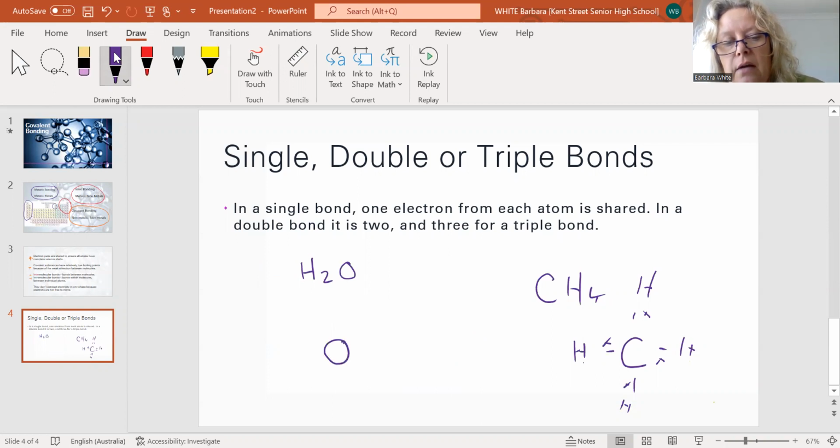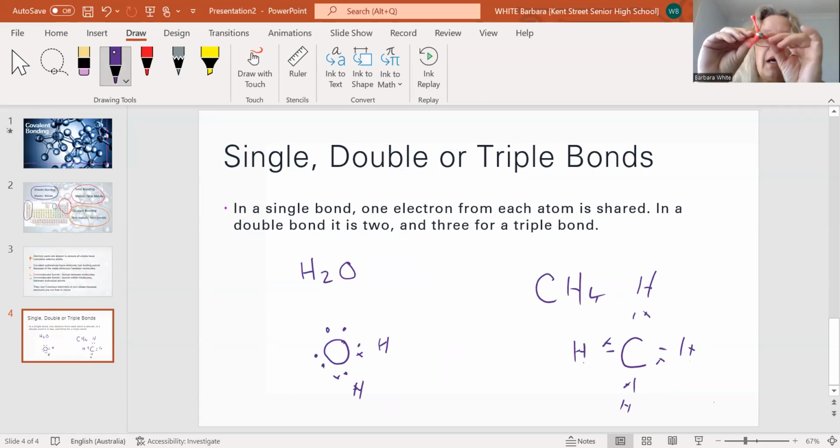So you've got your oxygen here. It's got 6 outer electrons. 3, 4, 5, 6. You'll have a hydrogen here and a hydrogen here. So that molecule still has 4 pairs of outer electrons, but only 2 of them have another atom attached.